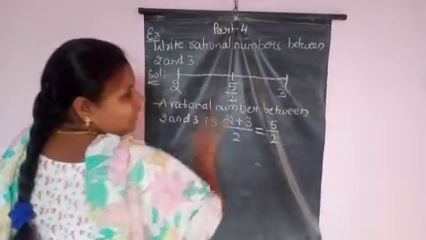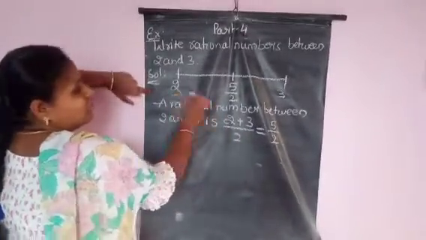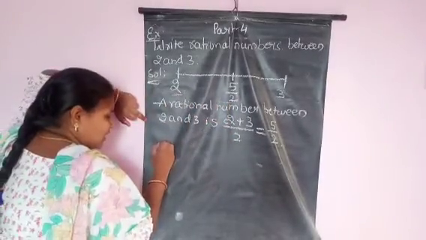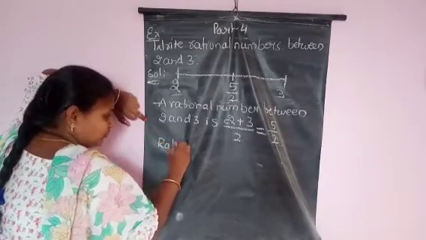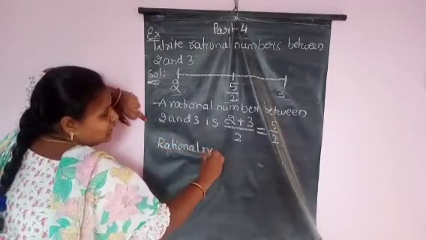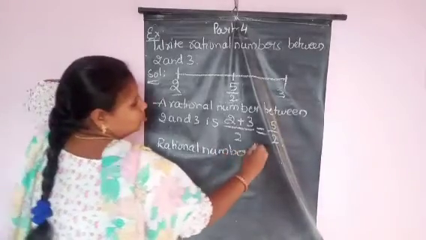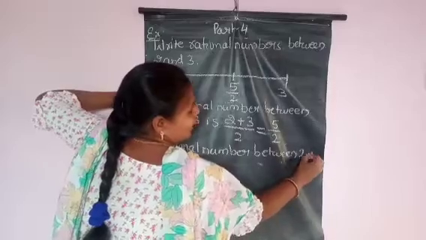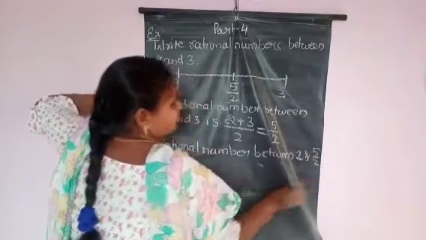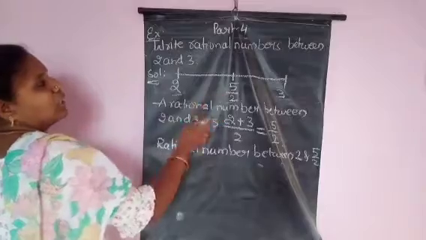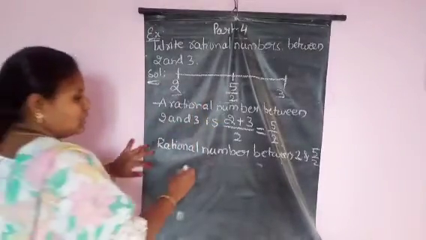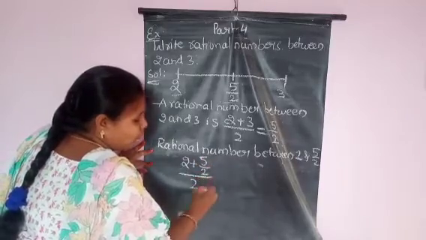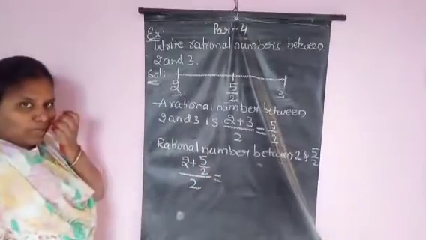So the rational number between 2 and 5 by 2: in between these two, if we need to calculate, it is (2 plus 5 by 2) whole by 2.